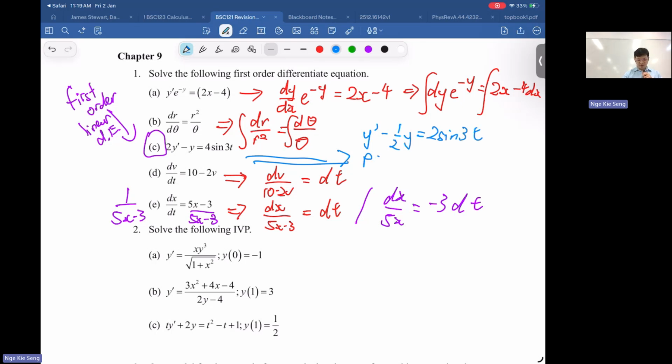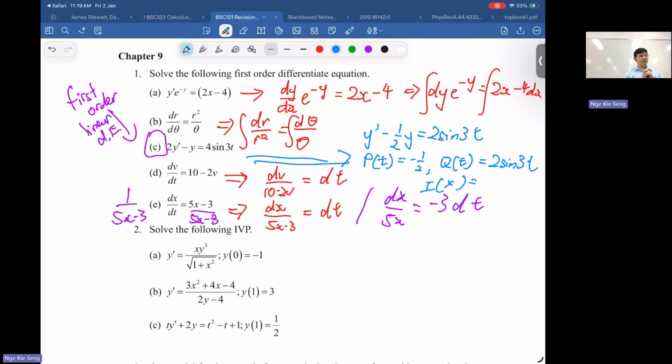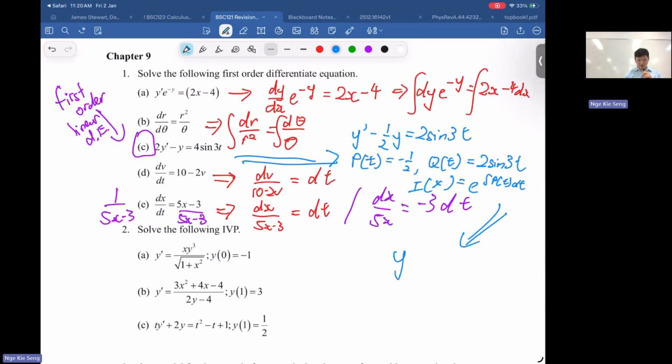So you can set up what your p(t) and q(t) are. Do you still remember what we taught last lecture? Then try to find your integrating factor, which is e to the integral of p(t) dt. And then you find your solution y. y(t) equals 1 over the integrating factor times the integral of the integrating factor times q(t) dt.